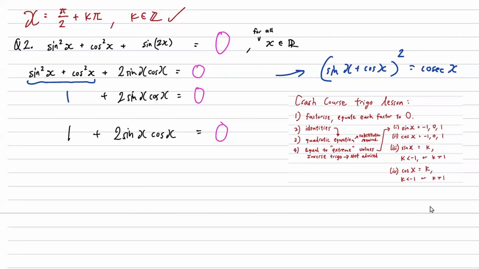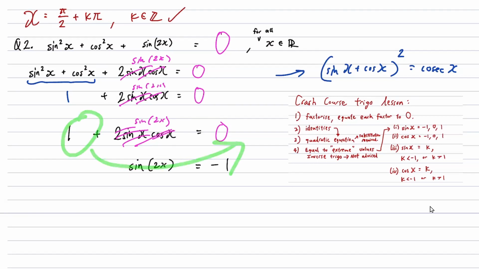So it means, sorry, we don't even convert this into 2 sine x cos x. Just sine 2x is fine. Which means sine 2x is equal to -1. No. Sorry, I brought the 1 over.